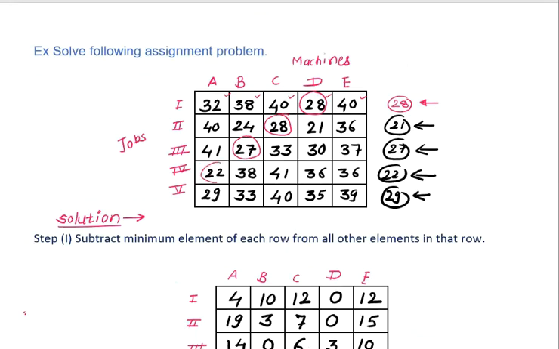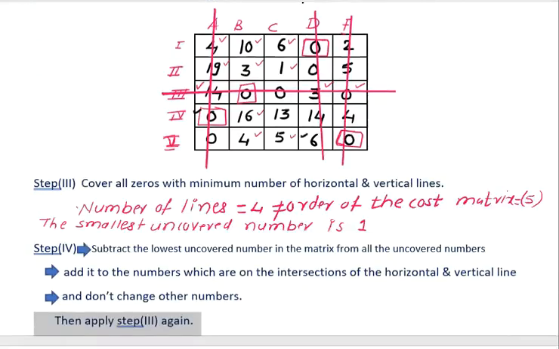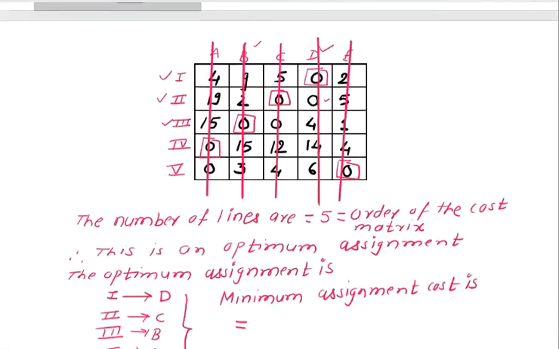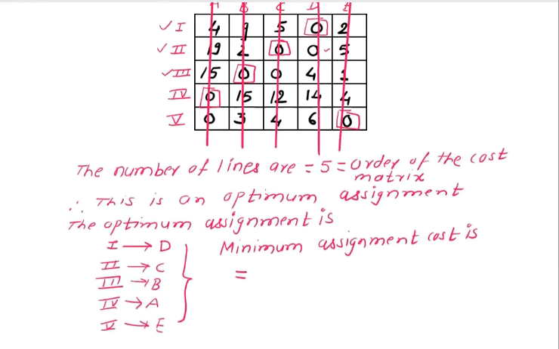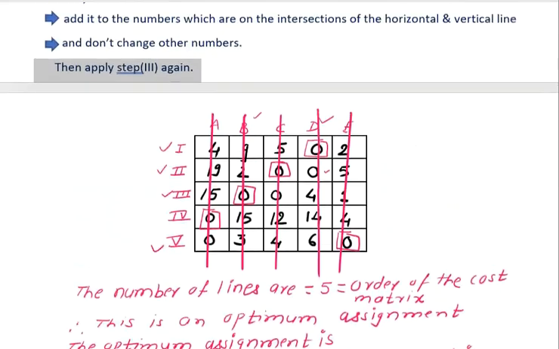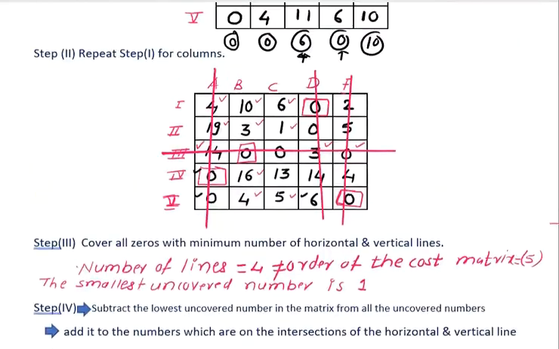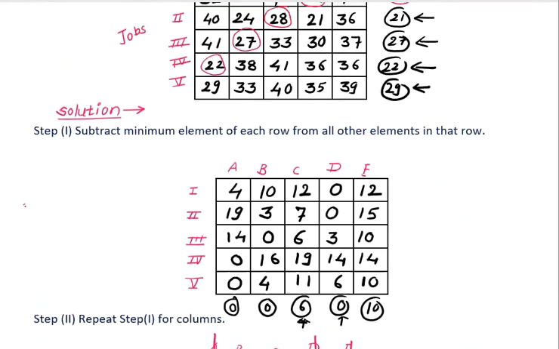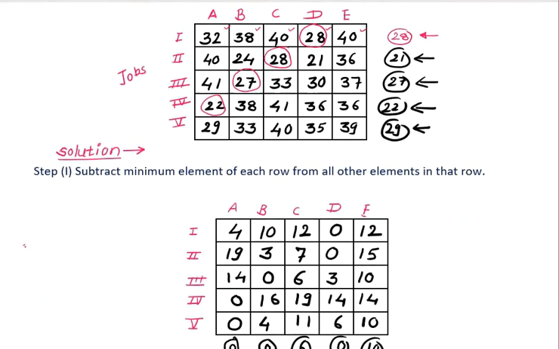C41 is the fourth row, first column entry. It is 22. And finally, job 5 is assigned to machine E. The cost of performing job 5 on machine E is C55. C55 is 39.